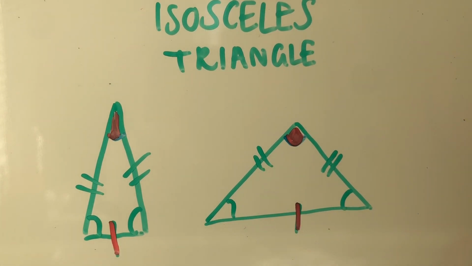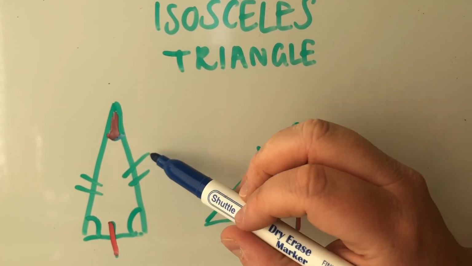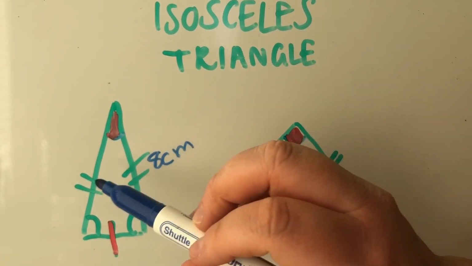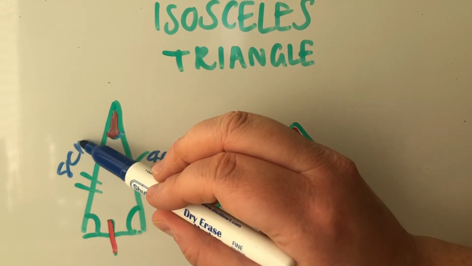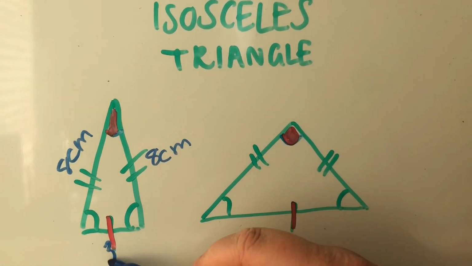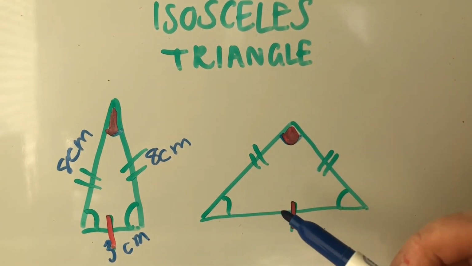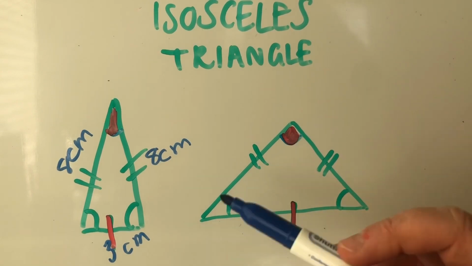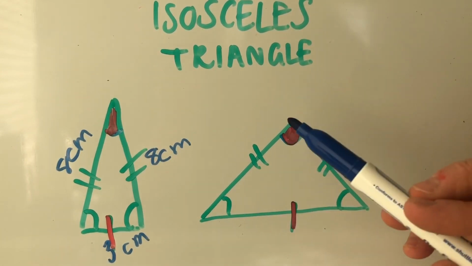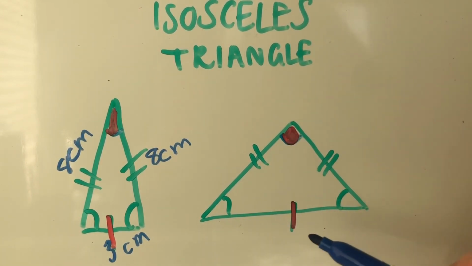So for example, say these sides were 8 centimeters, this one would be 8 too, but this one could be 3 centimeters long. And similar for this one, this one could be 10, this one could be 10, but this is maybe 13, say. The same goes for the angles.